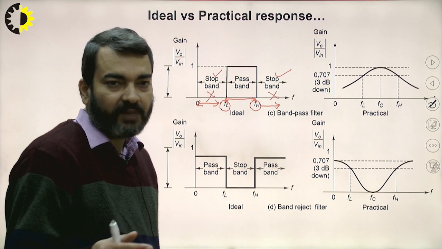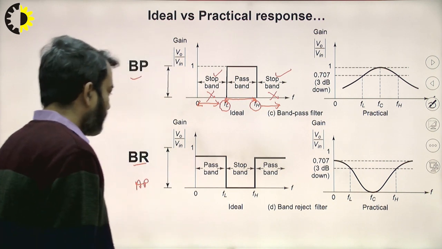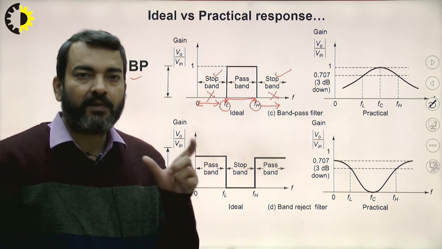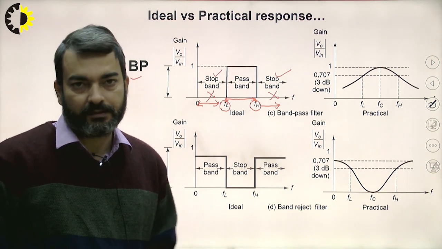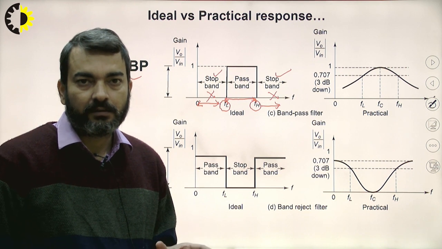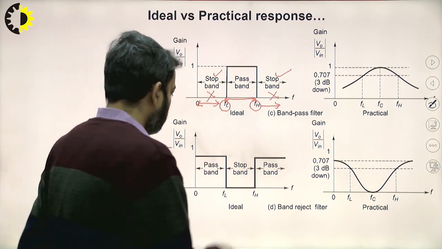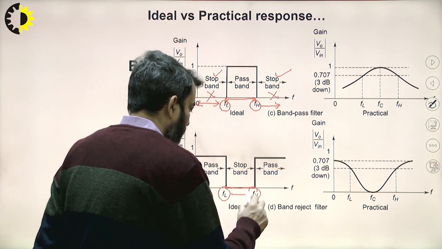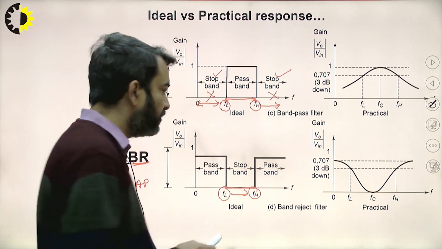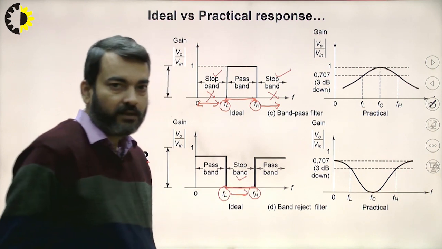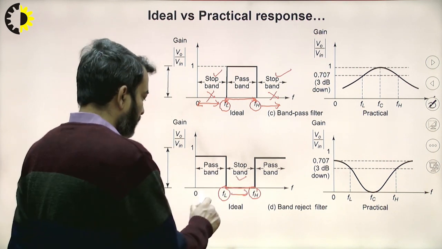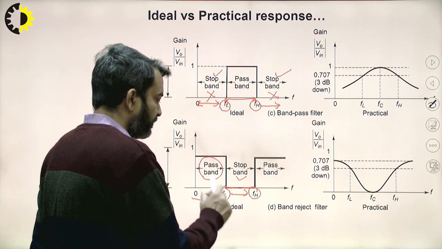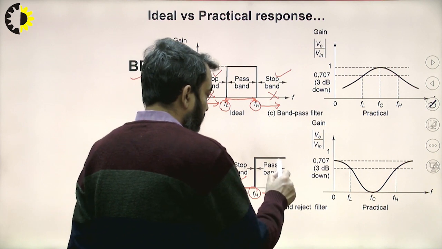Band reject filter is the reverse of this. In case of band reject filter, a particular band of frequency will be attenuated, ideally perfectly rejected, and this is the band FL to FH. So this is the stop band, and frequency ranging from 0 to FL will be passed, that's why pass band. Above FH will be passed, that's why pass band.